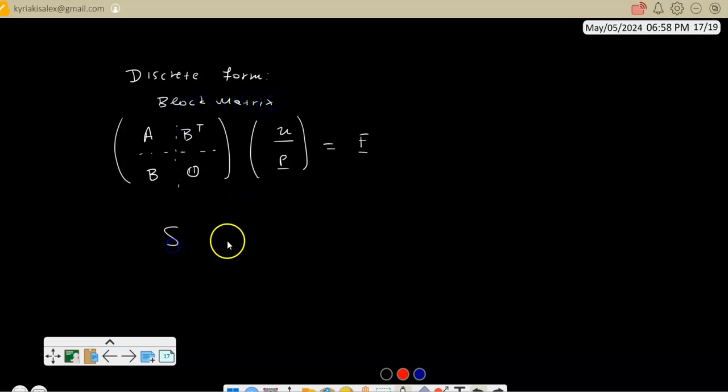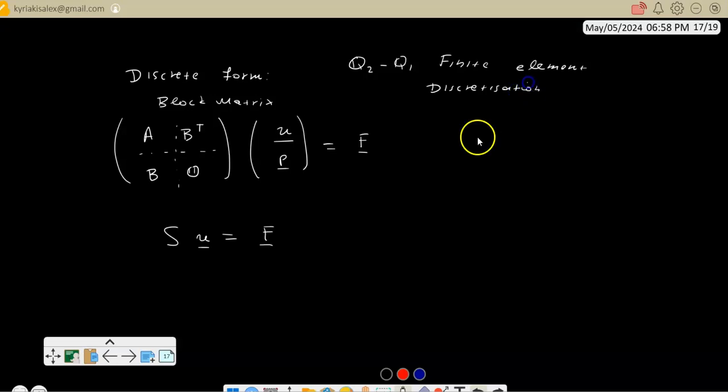You can write it as S U equals F. You can use Q2, Q1 finite element discretization: Q2 for the velocity, and Q1 for the pressure.